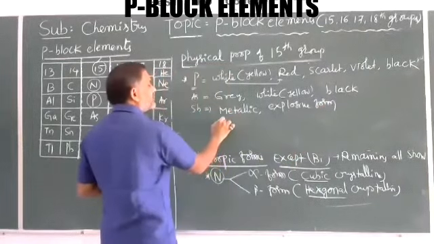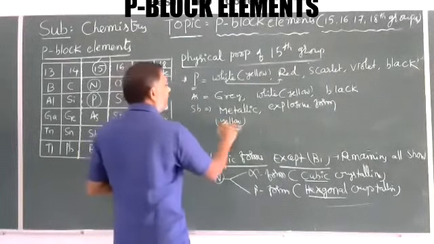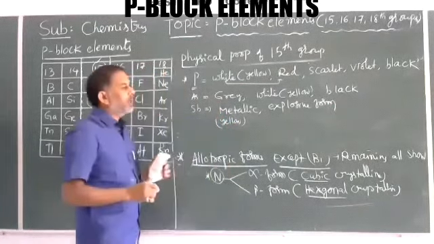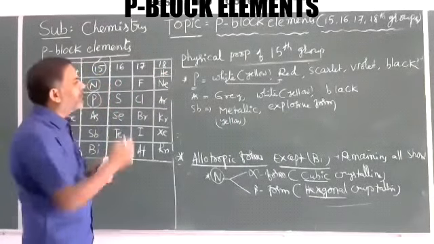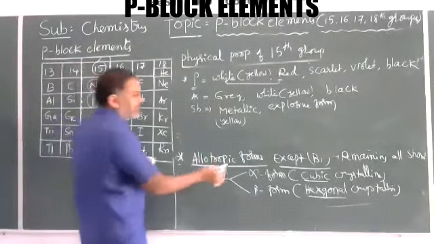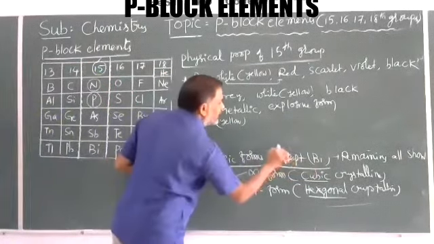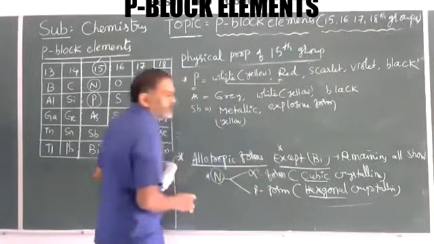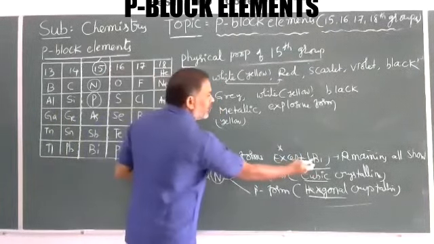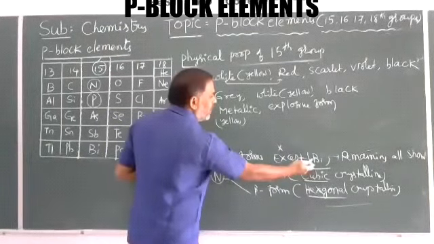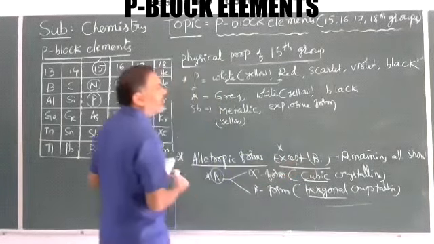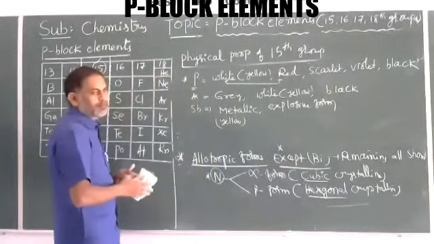Also it exists as a yellow color form. These are some important allotropic forms of 15th group elements. Bismuth does not exhibit any allotropic forms because of its metallic nature and metallic bond strength.